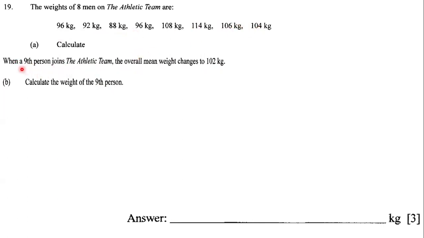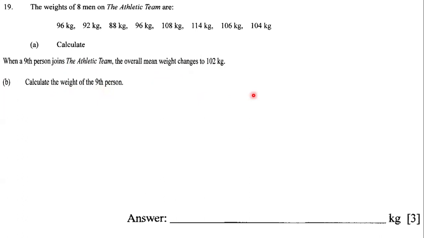Now they're saying a 9th person joins the athletic team. So it was 8 persons and now it is 9 persons. When that 9th person joined, the mean of the weights changed to 102 kilograms. The question is asking us to calculate the weight of the 9th person.